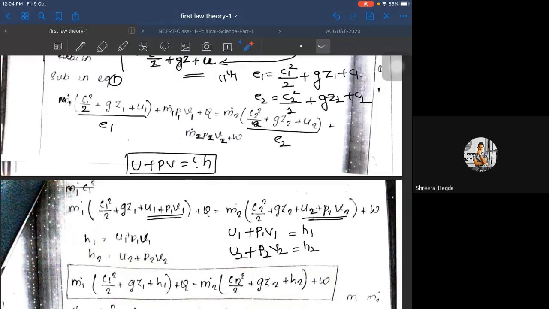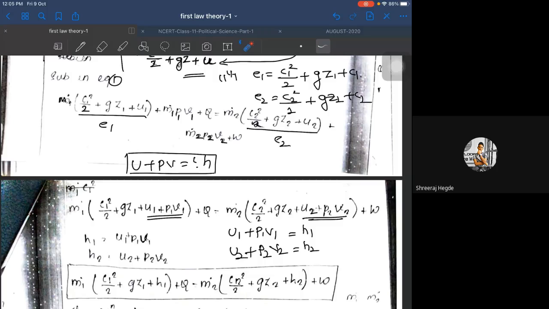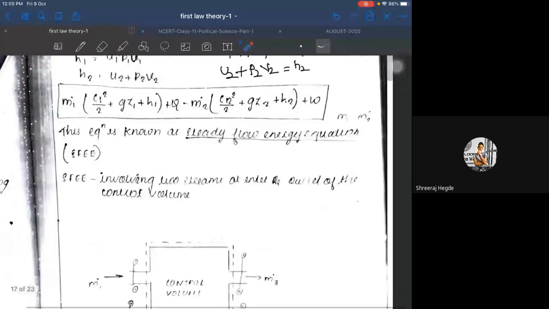So it says m1 dot into C1 square by 2 plus g into Z1 plus H1 plus Q will be equal to m2 dot into C2 square by 2 plus g into Z2 plus H2 plus W. So this is your SFEE, steady flow energy equation, which compares the inlet parameters with the outlet parameters. This equation is known as steady flow energy equation.